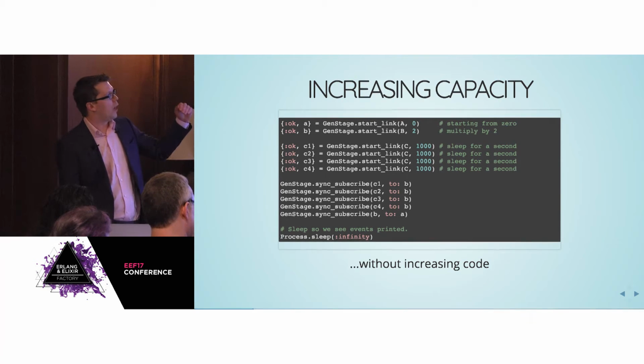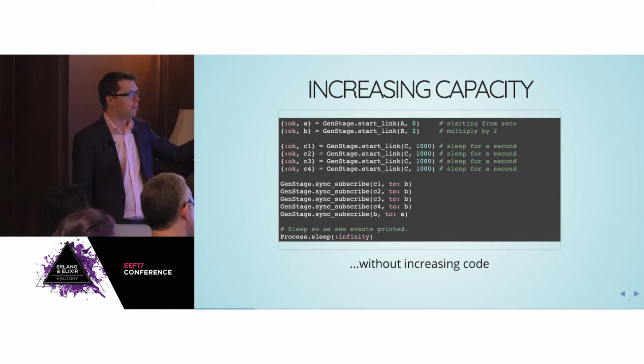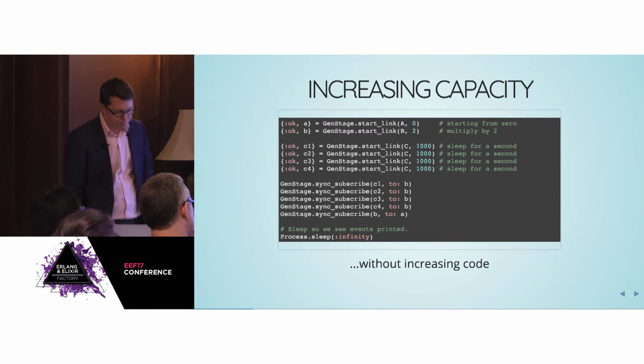So here you're starting 1 producer, which is A, 1 producer-consumer, which is B, and then 4 consumers, which is C. And then each of the consumers is subscribed to the upstream B process, and the B process subscribes to the producer.